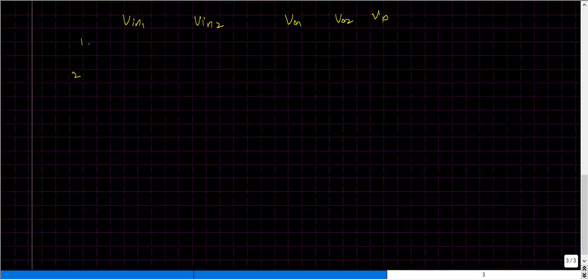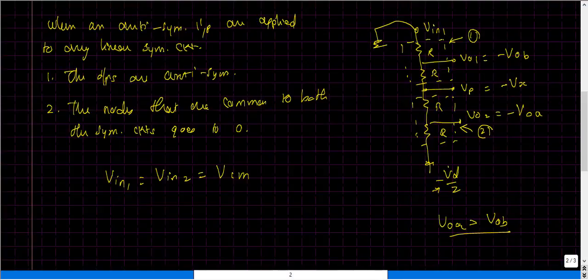So let me try this by applying VCM only to the input terminal Vin1, whereas the other terminal is going to go to 0. Under such a condition, I'm going to look back at the same circuit and make sure that I rig up the circuit with the proper entries that I have made across the first row. So this time I have VCM here, whereas the other end of the node, which is Vin2, is shorted.